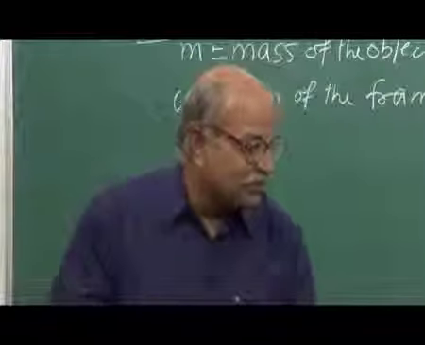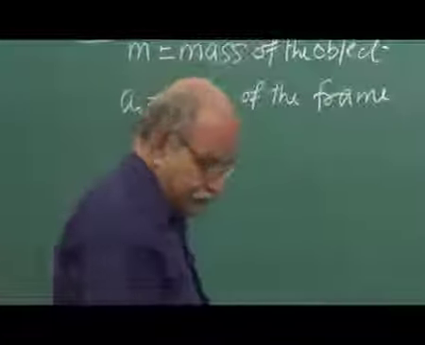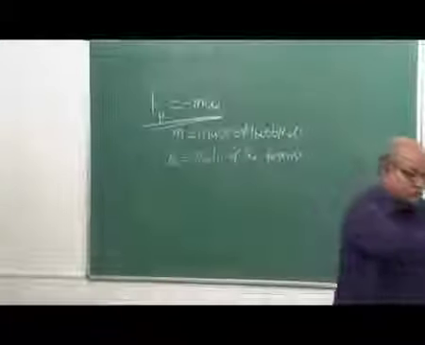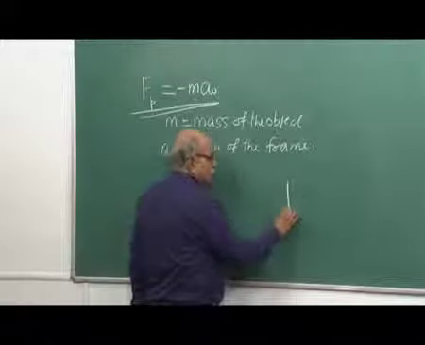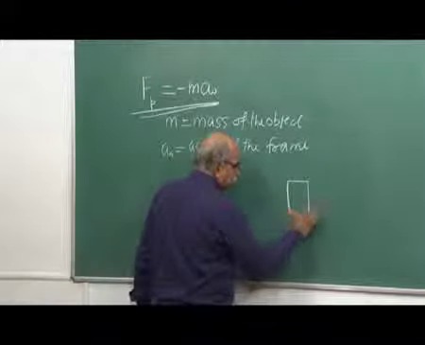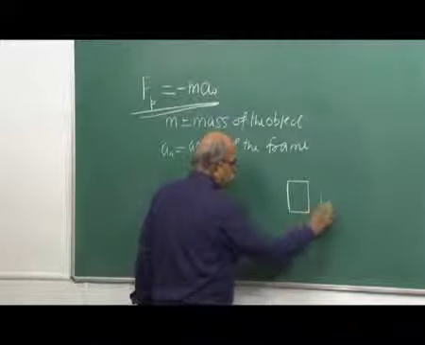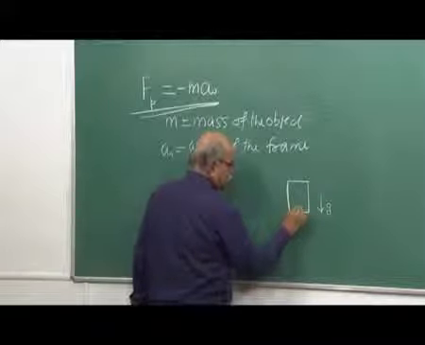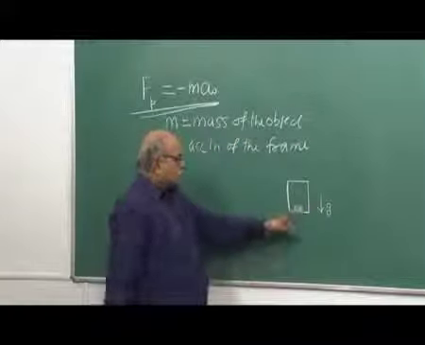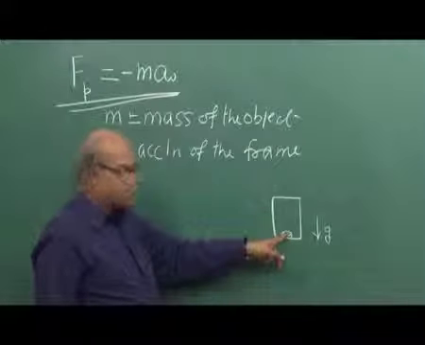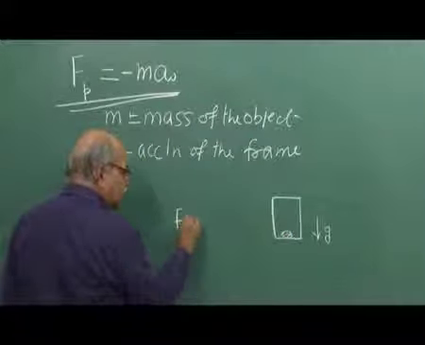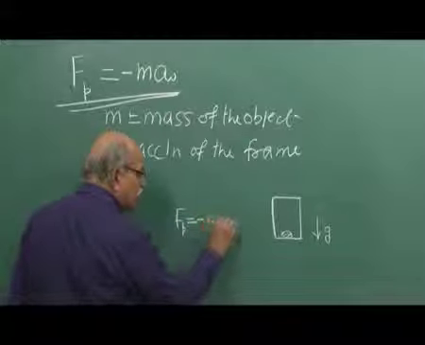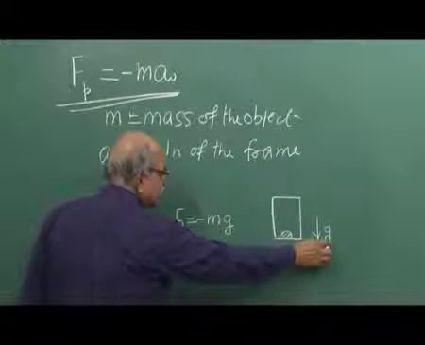So let me make it on the board. So I am talking of this magnet. This is my object. Its mass is a small m. So the pseudo force is minus mass of the object times acceleration of the frame.